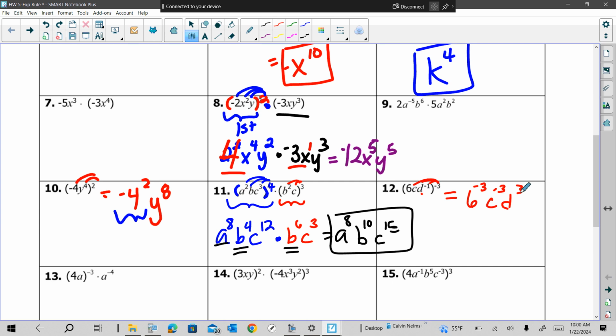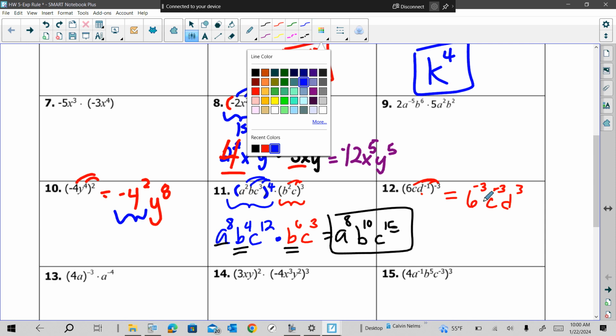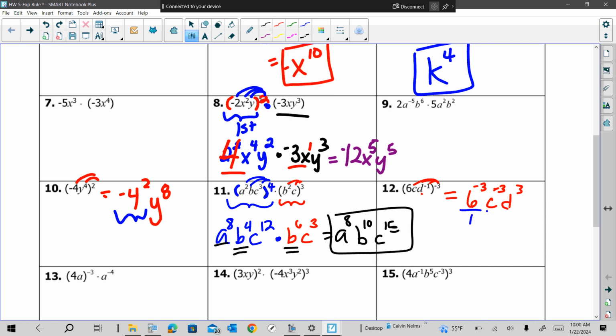So whenever we have negative exponents, we need to think of this term over 1 and flip it to make it positive. So when I rewrite this, this is 1 over 6 to the 3rd power and 1 over c to the 3rd power.